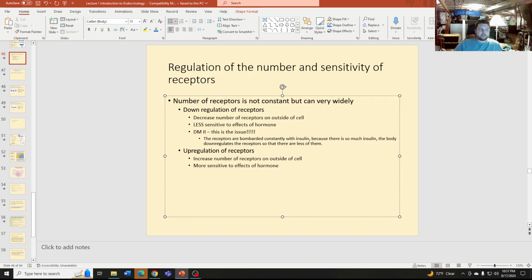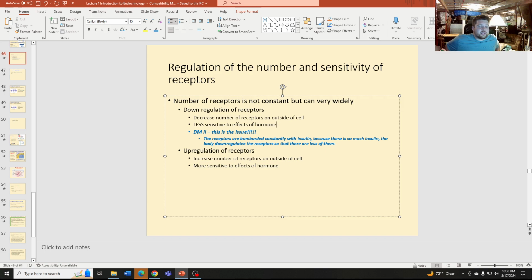And that's when we get issues with diabetes mellitus 2, because then all of a sudden our insulin sensitivity is way, way down. Our body can't process the sugar and everything that we're consuming, and as a result, blood sugar is way too high. There's way too much glucose in the blood, and then that starts to cause damage.